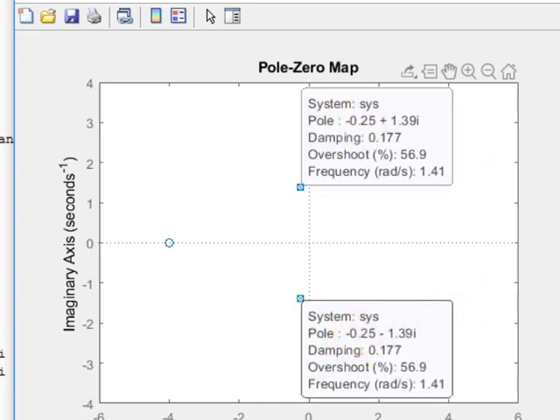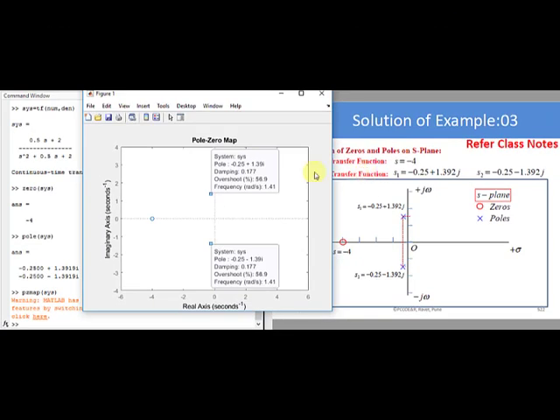You can check these values are the same as what we have calculated. Now see the position of poles, and also you can check the position of the zero. Here it is represented by O. The S plane we have plotted using MATLAB is similar to what we discussed in the earlier numerical. So the pole zero map is also verified.